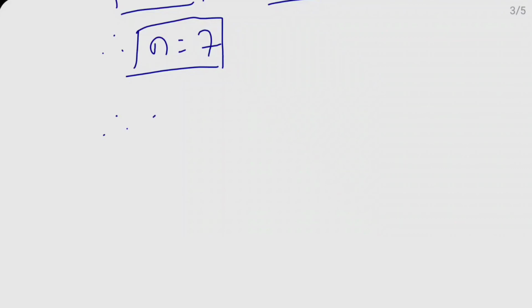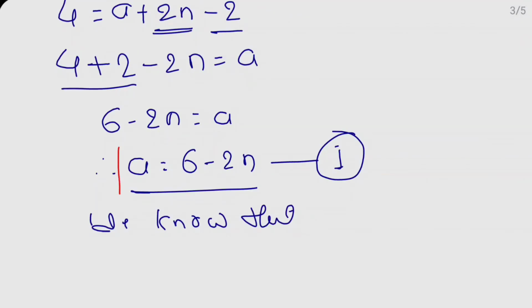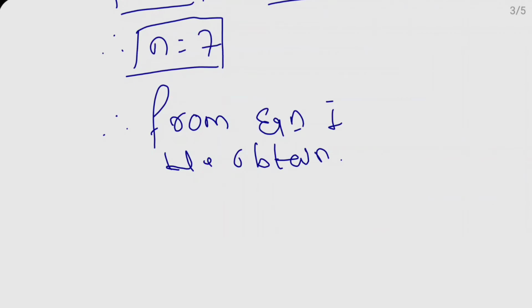So therefore from equation 1 we obtain. So what is our equation 1? Look here, equation 1 is a equal to 6 minus 2n.